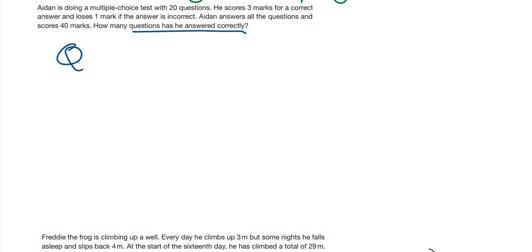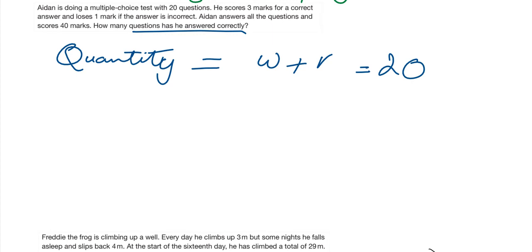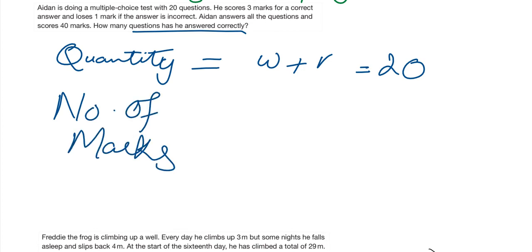So now again we have to discuss the quantity first. The quantity is a total of 20 questions, right plus wrong, that will be equal to 20. Then the quality, or you may say the number of marks: let me write the right first and then the wrong.